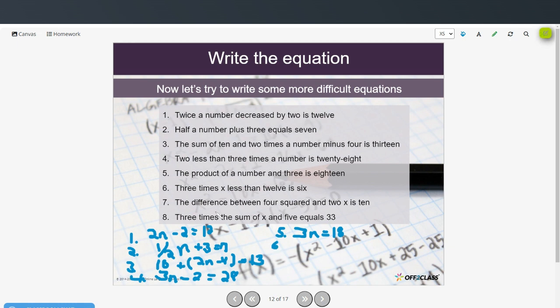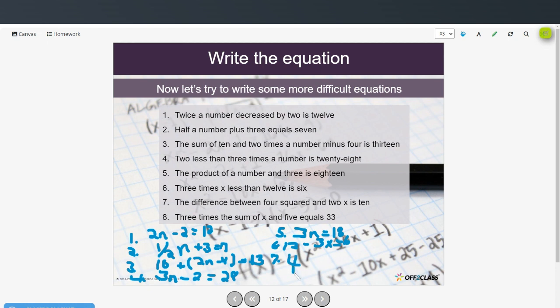3 times x less than 12 is 6. So 12 minus 3x equals 6. Number 7, the difference between 4 squared and 2x is 10.